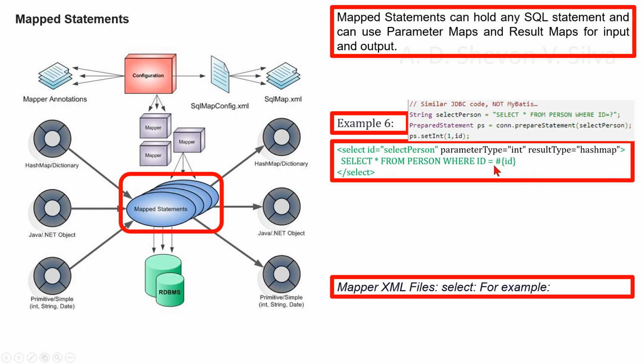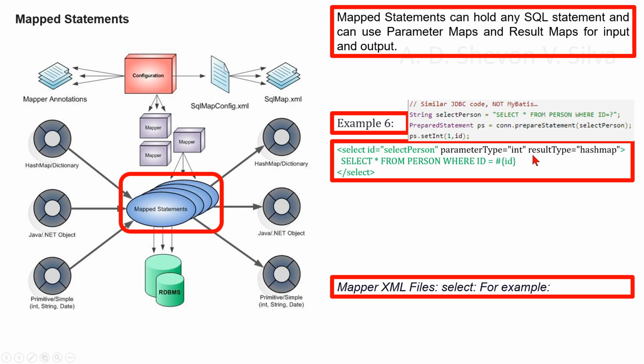Here the attributes: ID, the unique identifier in this namespace that can be used to reference this statement. Parameter type, the fully qualified class name or alias for the parameter that will be passed into this statement. This attribute is optional because MyBatis can calculate the type handler to use out of the actual parameter passed to the statement.